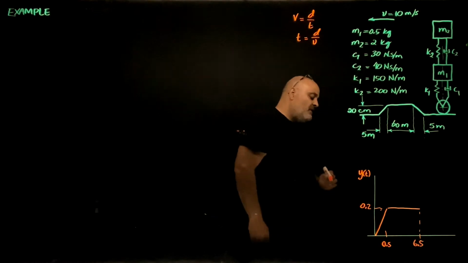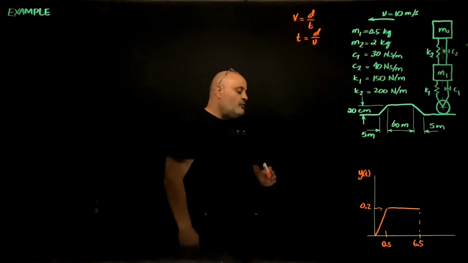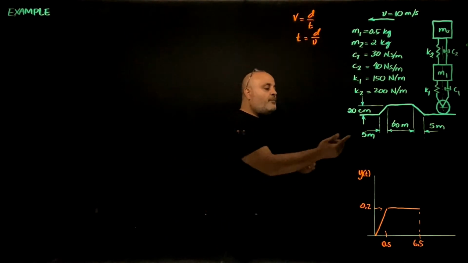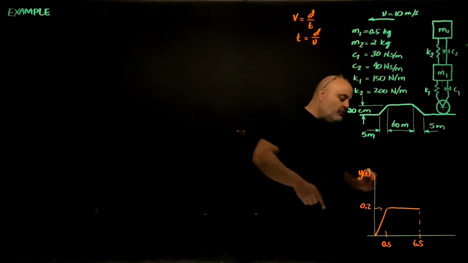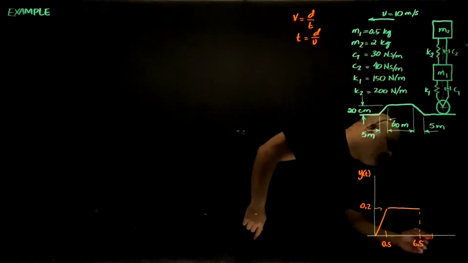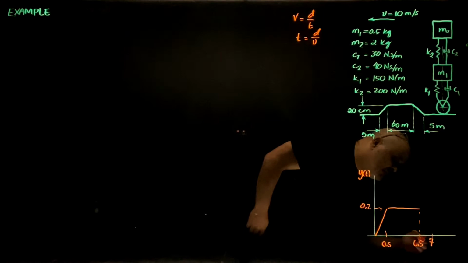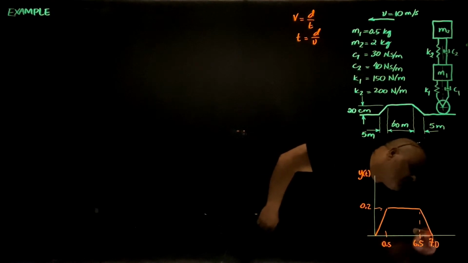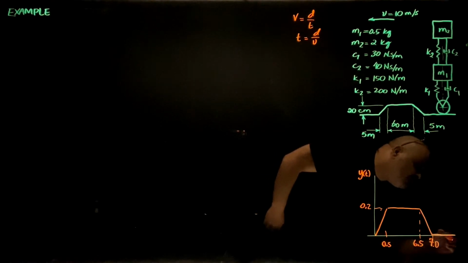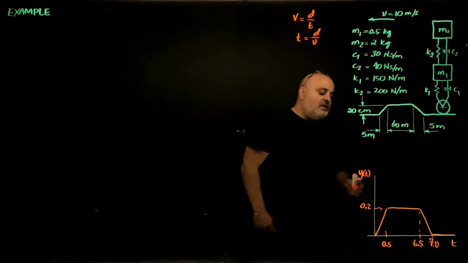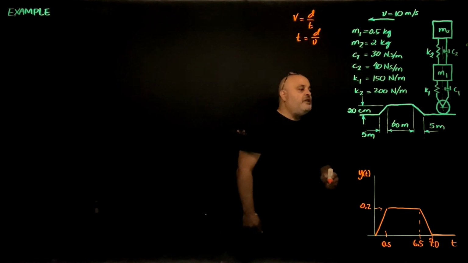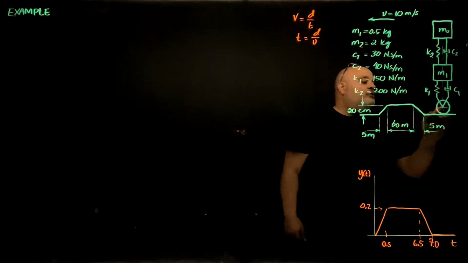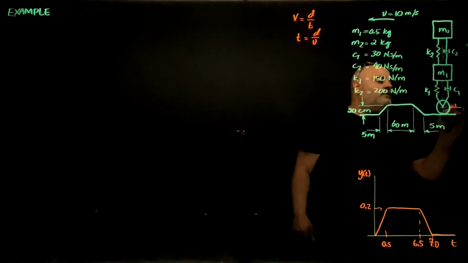Here, crossing at a height of 0.2 meters, and then another 0.5 seconds to drop back to 0. So this is at 7 seconds, 7.0. We go down to 0 and then continue. So this is the time axis, and this is y of t.